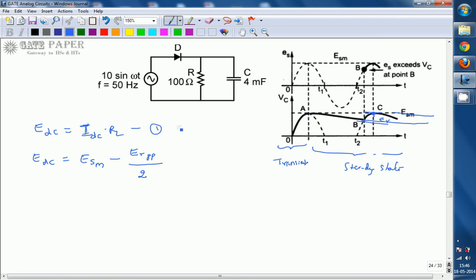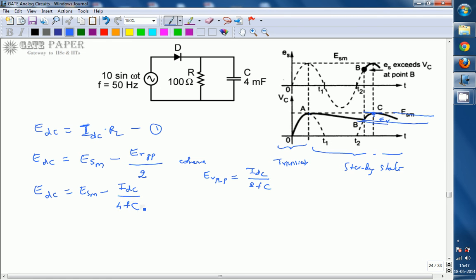EDC can be calculated as ESM minus ER peak to peak by 2, where ER peak to peak is IDC by 2FC. If you substitute that, EDC will be equal to ESM minus IDC divided by 4FC.